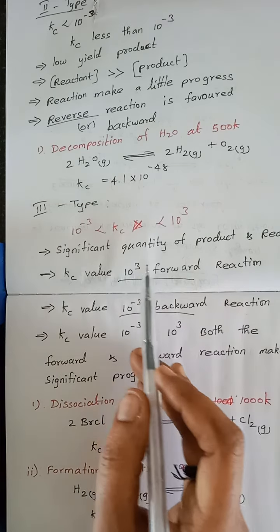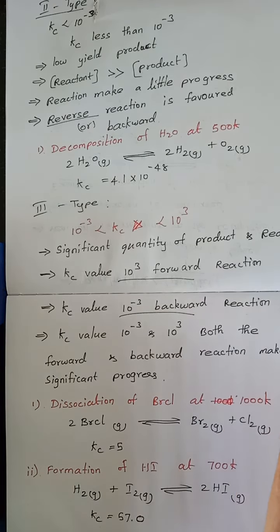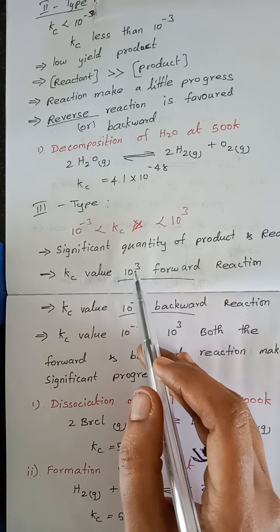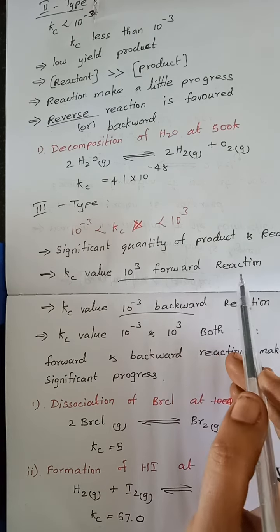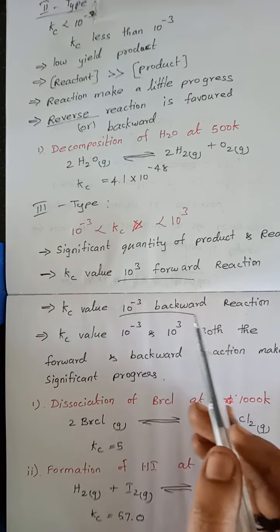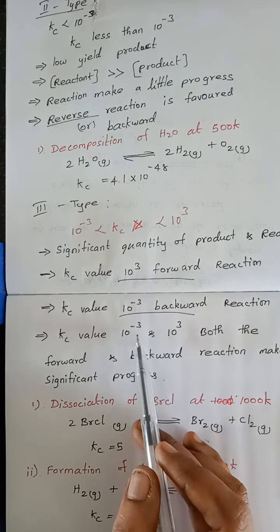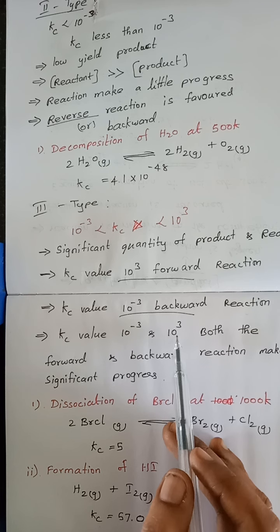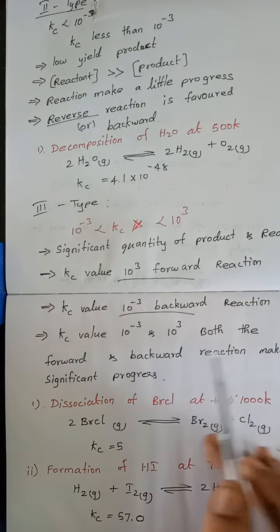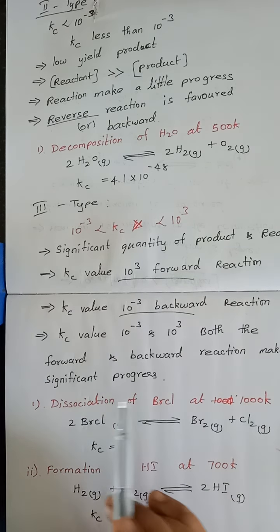So the extent of reaction has significant quantities of product and reactant. The Kc value 10 to the power 3 means the reaction is forward reaction. Kc value 10 to the power minus 3 means the reaction is backward reaction. Between 10 to the power minus 3 and 10 to the power 3, both the forward and backward reactions make significant progress.